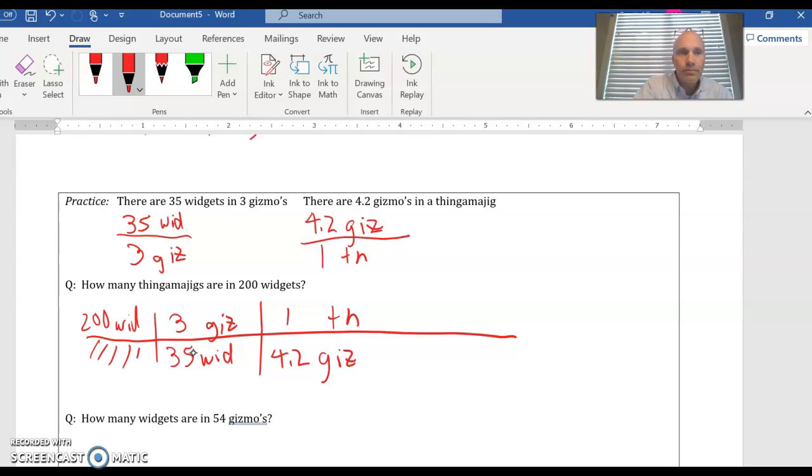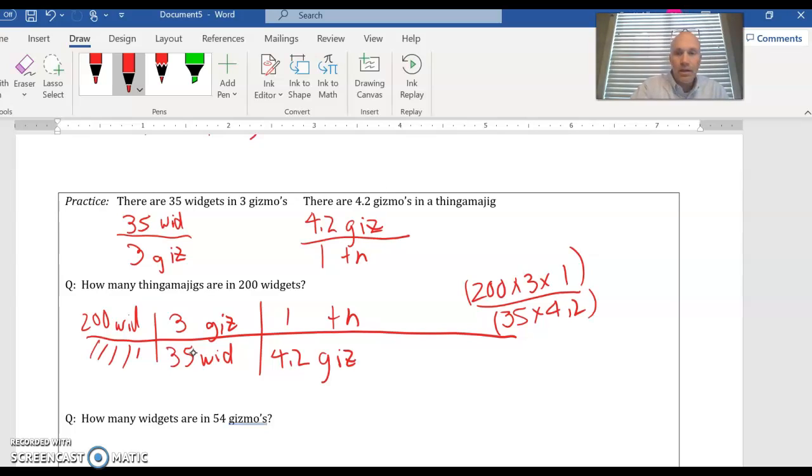In doing that, this now tells me what I need to put into my calculator. I need to do 200 times 3 times 1, and it would just be like doing this math right here.